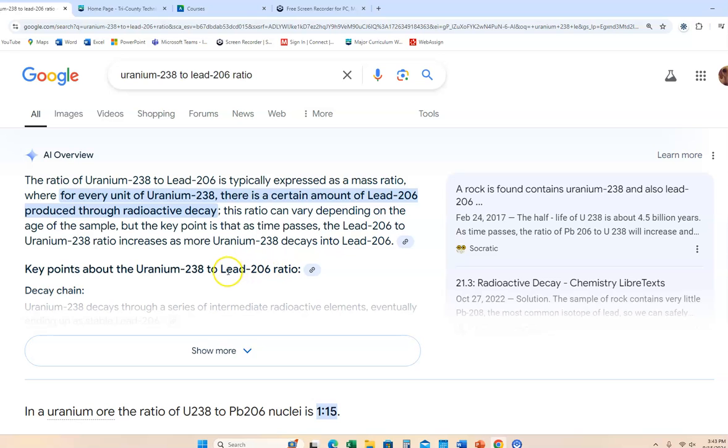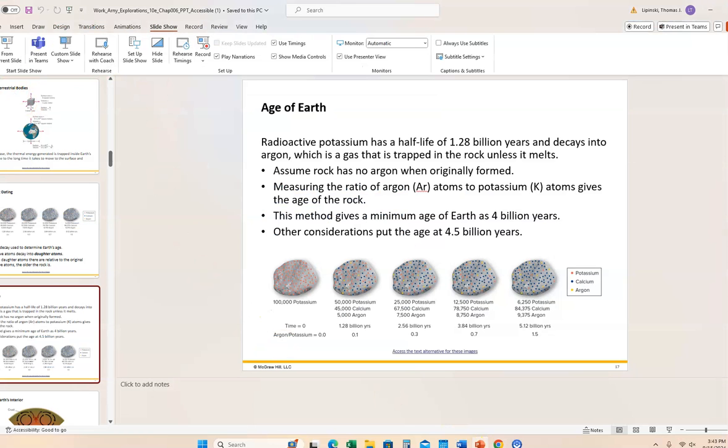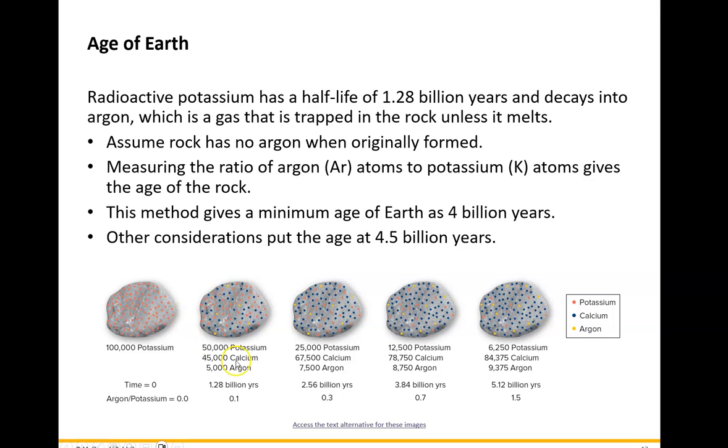Again, lead 206 is extremely stable, right? It's not radioactive, and we use that all the time. All right, so let's go back to our slides here. I know this talks about potassium, but we do the same kind of thing with other radioactive substances that have really long half lives. So uranium 238, right?